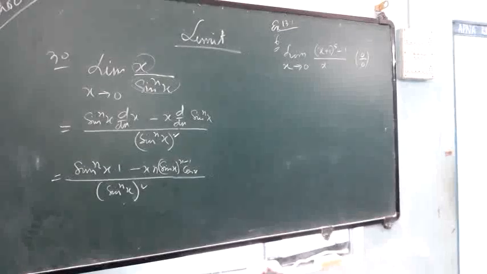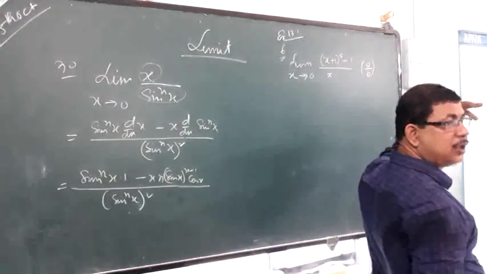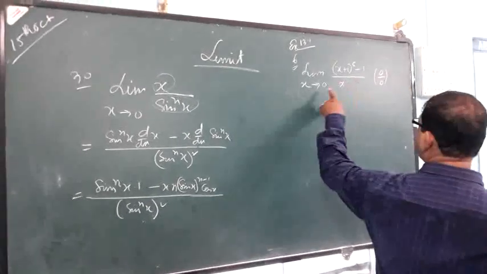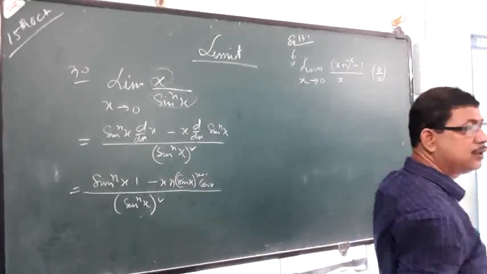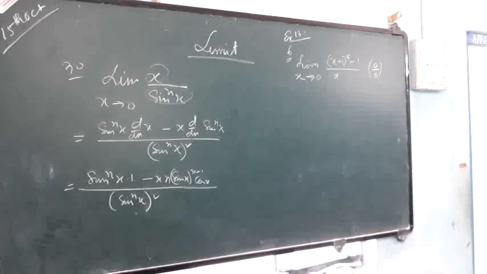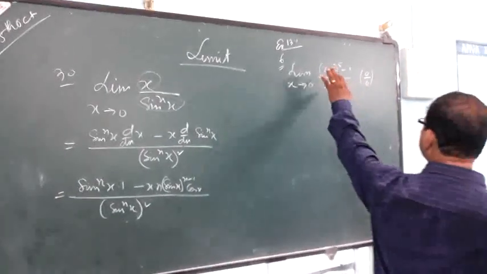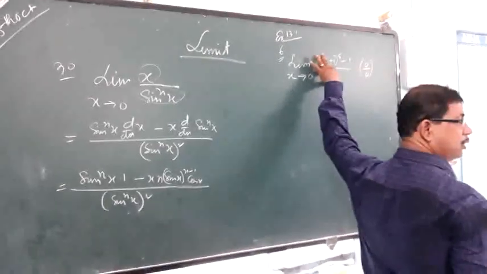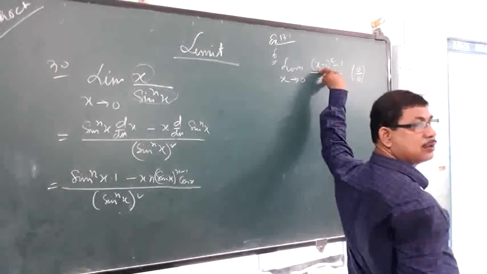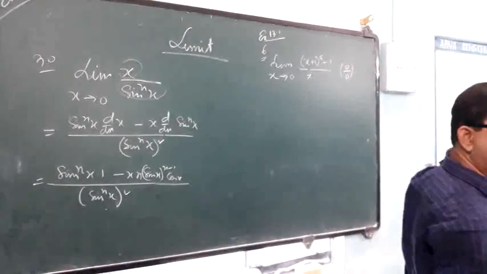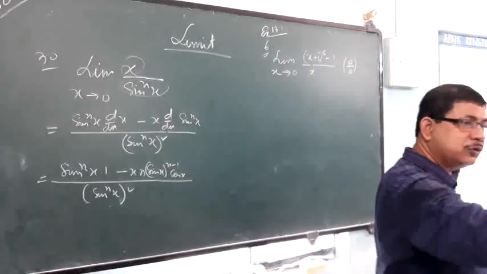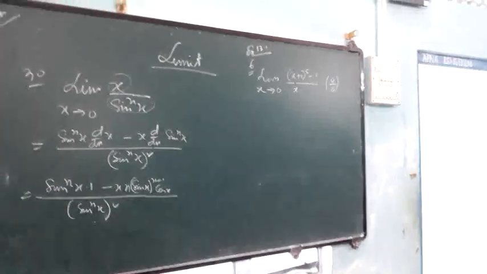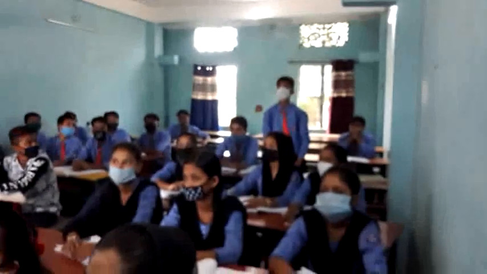If we put here x equal to 0, when we take the limit, what do we have to do? We have to put that value in place of x. Yes or no? Here if we put 0 in place of x, 0 plus 1 is what? 1. 1 to the power 5 is what? 1.